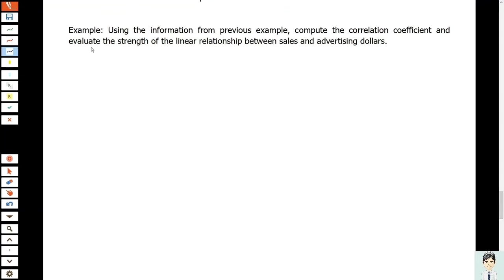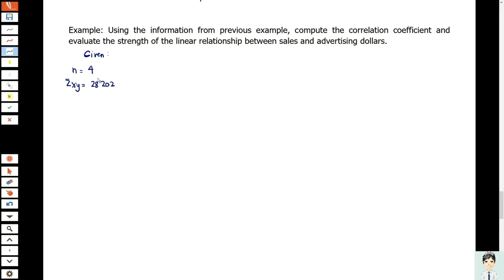So, ano ba yung mga given natin? We have number of periods na 4. Diba? Ano pa ba? We have the summation ng xy na 28,202. Diba?